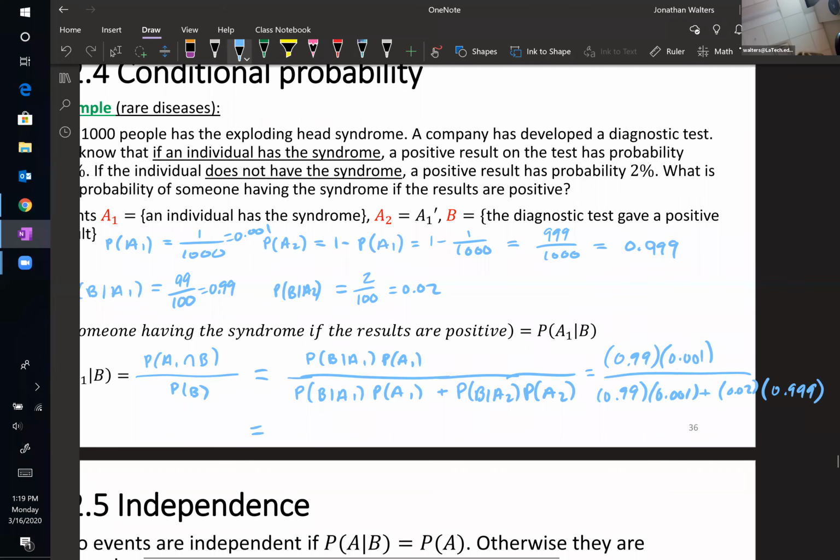So whatever that turns out to be, it's going to be like 0.0472, which is about 5% of the time.